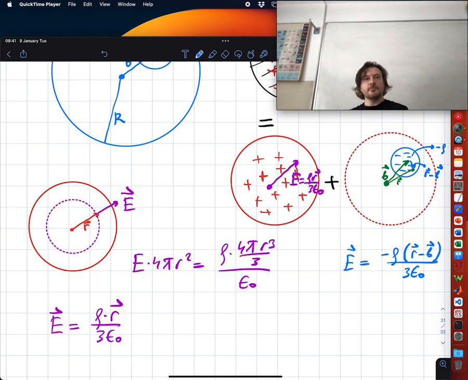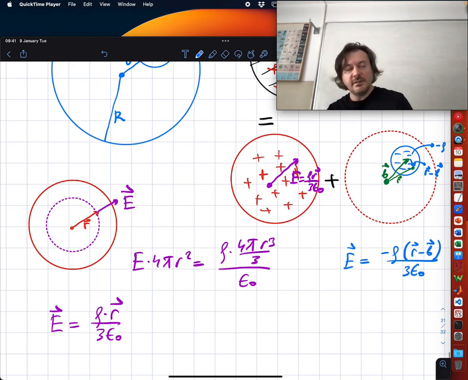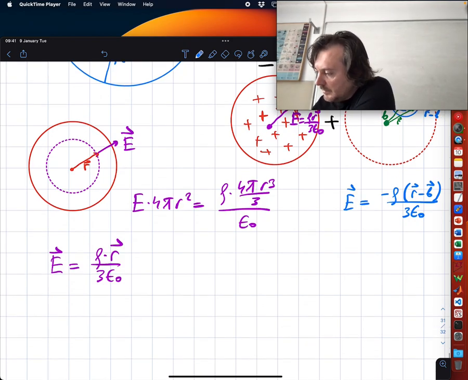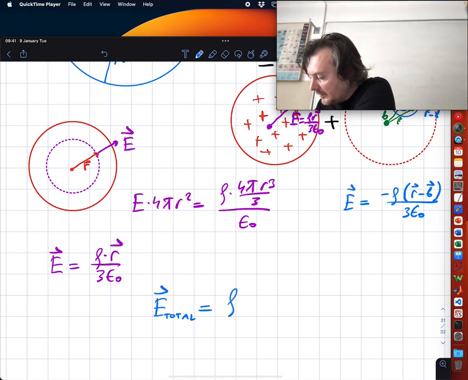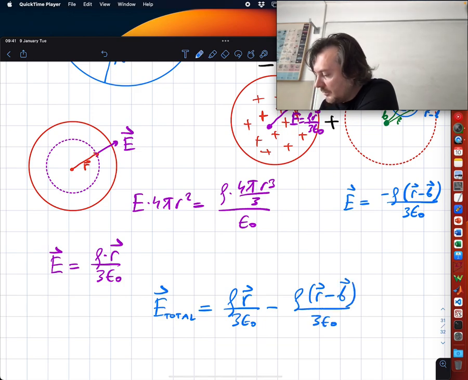Do you see? So if I did the superposition, let me just bring them together. E total of this system, including the void, is rho r over 3 epsilon 0 minus rho times r minus b over 3 epsilon 0.